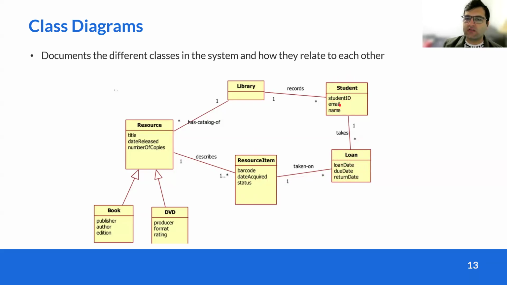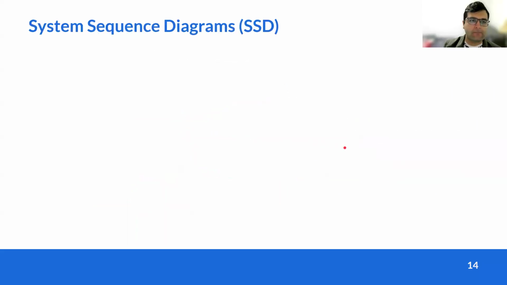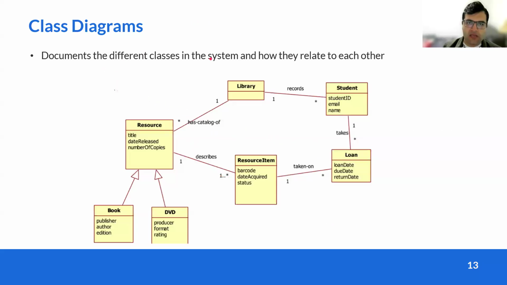And one student can take multiple loans; they can borrow multiple items. One resource can have one or more resource items, one or more copies. That's what one dot dot star means: one or more, one to many. Any questions on class diagrams?